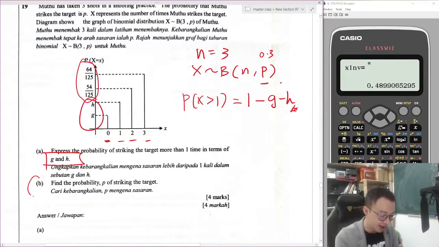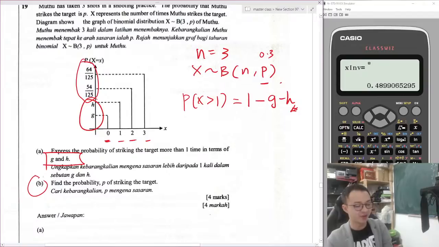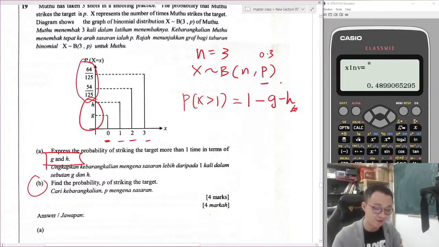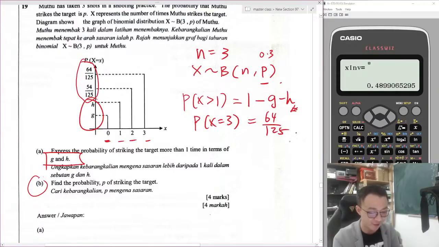Then part B, they ask you to find the value of P here. What I understand is I can take any one, let's say x equals 3 is equal to 64 over 125.